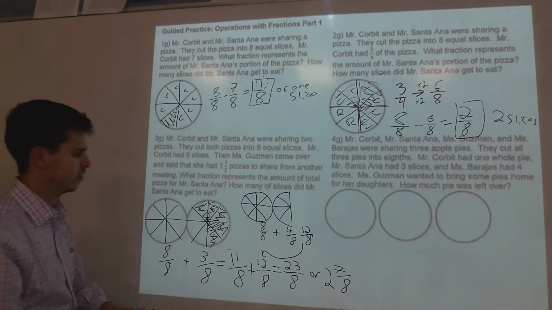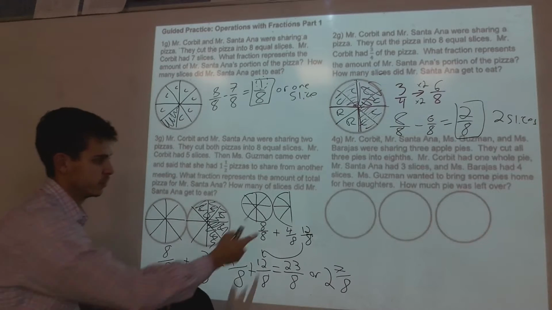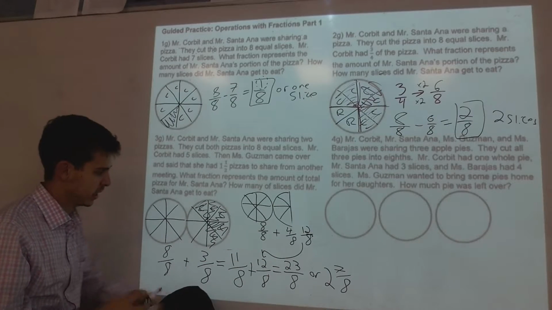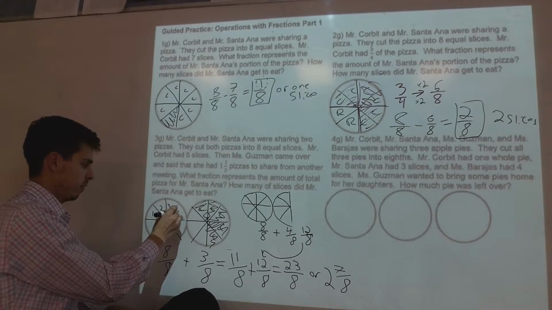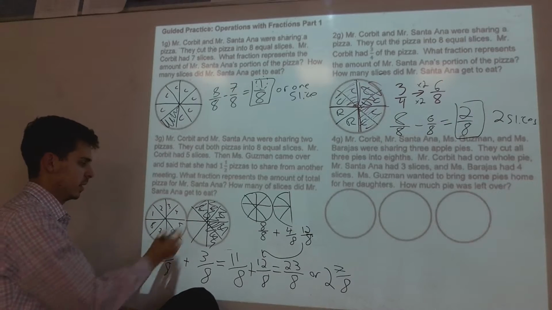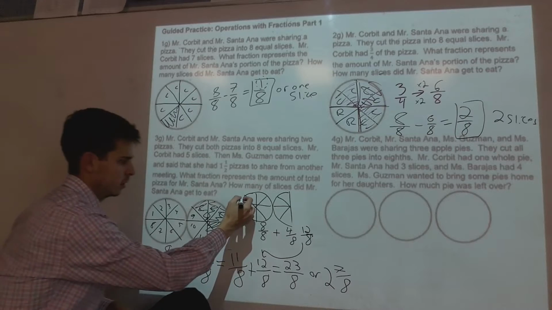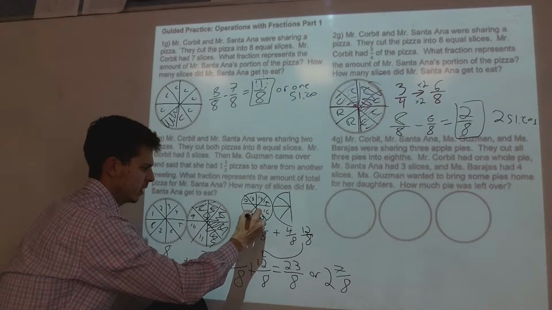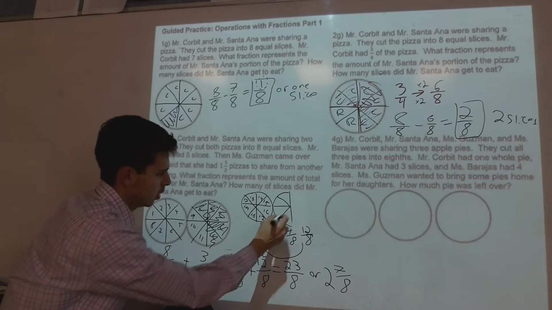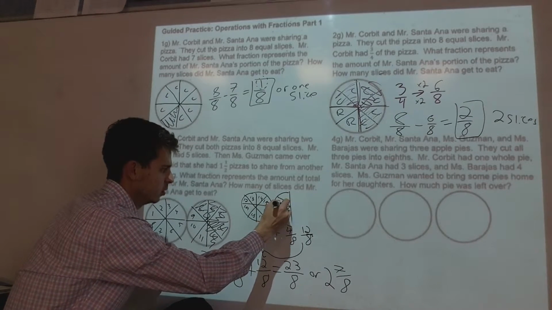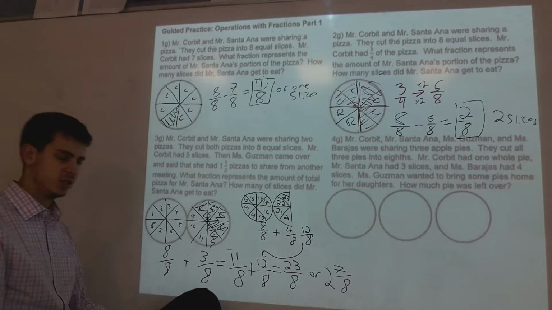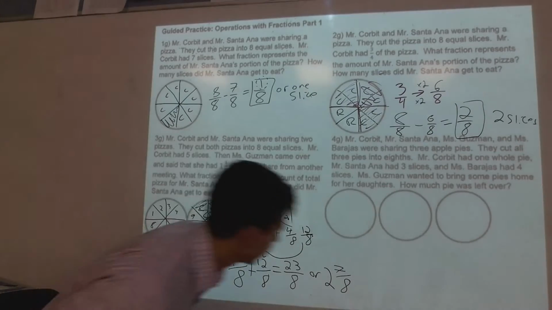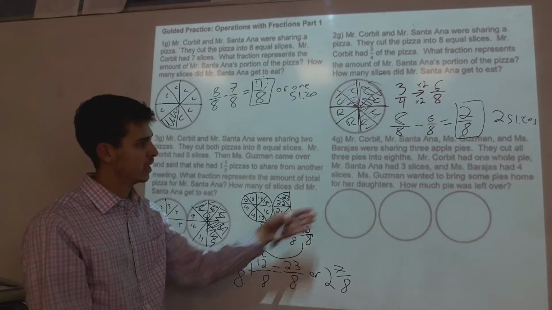So we nearly have 3 whole pizzas, but not quite. Let's just make sure that we do have indeed 23 slices. We have 1, 2, 3, 4, 5, 6, 7, and 8, 9, 10, 11, 12, 13, 14, 15, 16, 17, 18, 19, 20, 21, 22, and 23. It checks out. 23 over 8. 23 eighths.